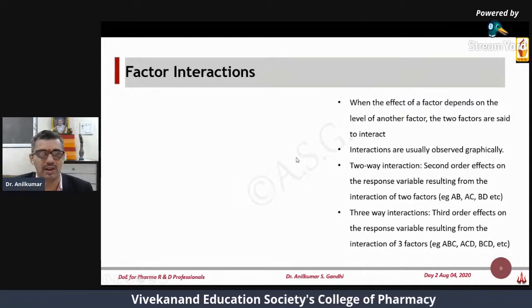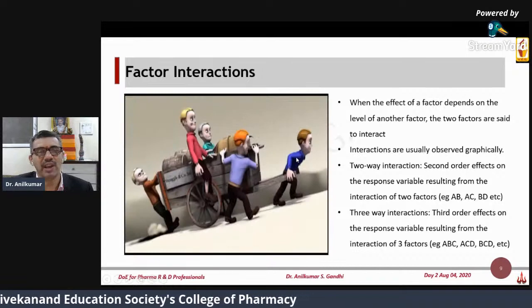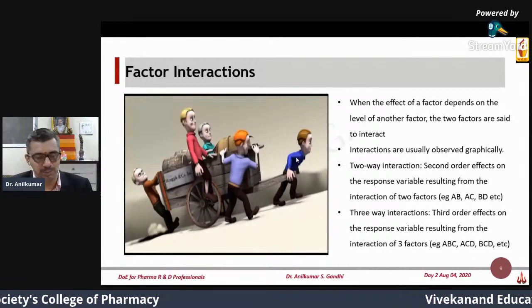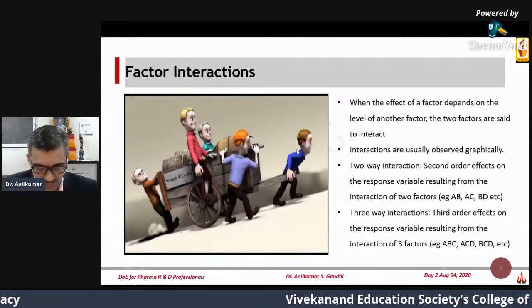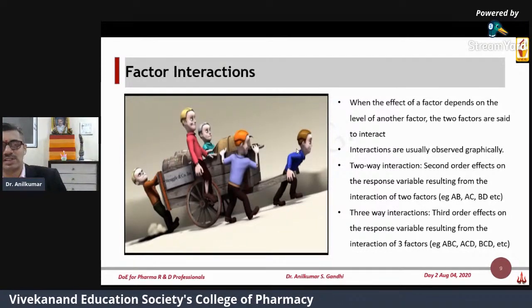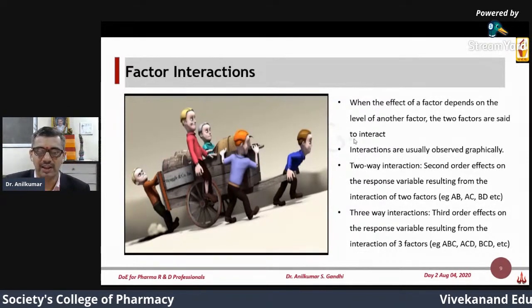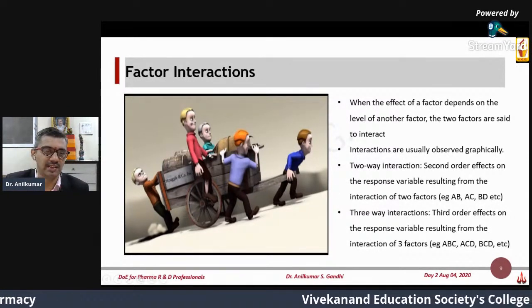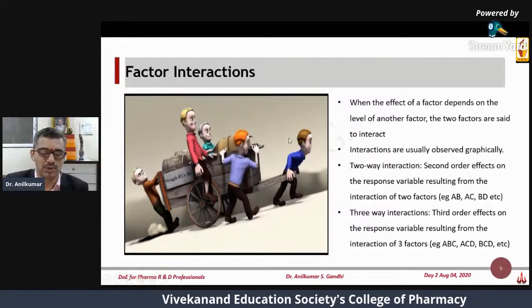Let's see that with a picture. This is a very typical picture used in a story about office politics. You will see that this guy ahead is trying to pull the cart, and there are four people who are supposed to help.